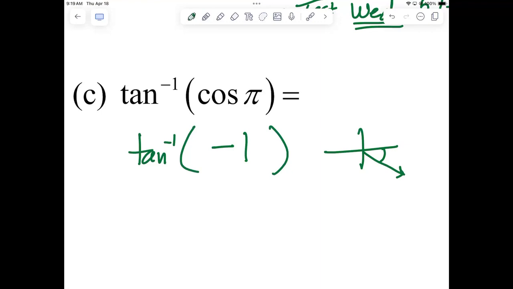That's going to be in quadrant 4, isn't it? Well, what angle is that? -π/4. Right. We want the angle, not the ratio. Remember, when we take the inverse tangent of a ratio, we want the angle. When we take the tangent of an angle, we want the ratio. So the answer is -π/4.